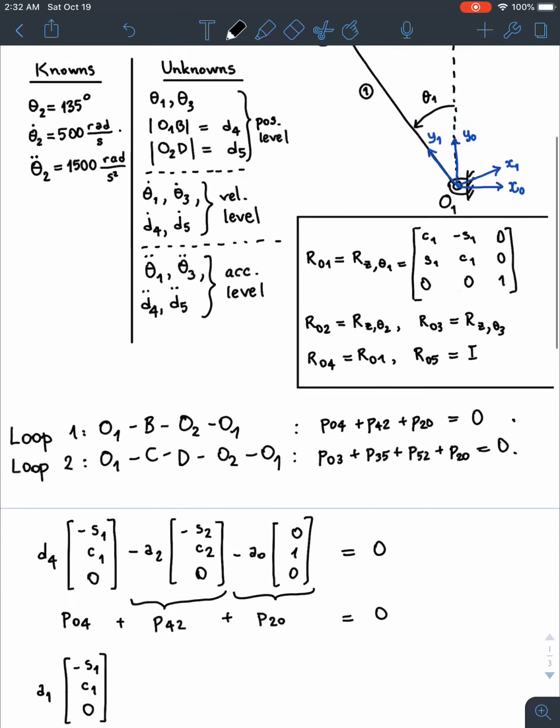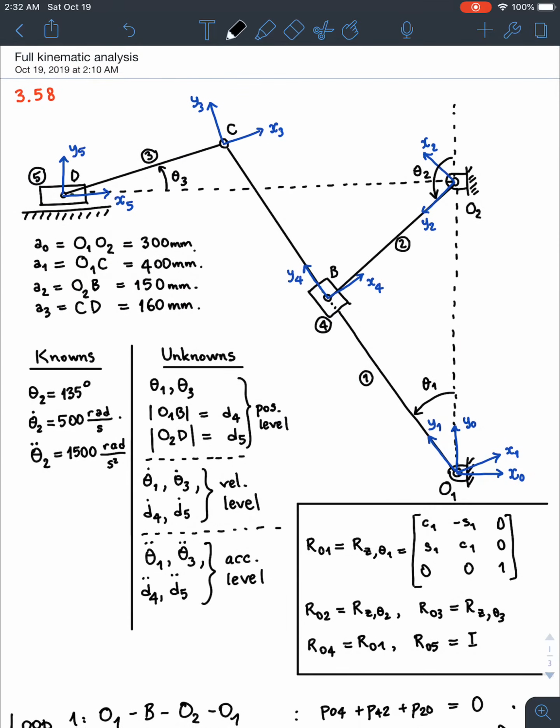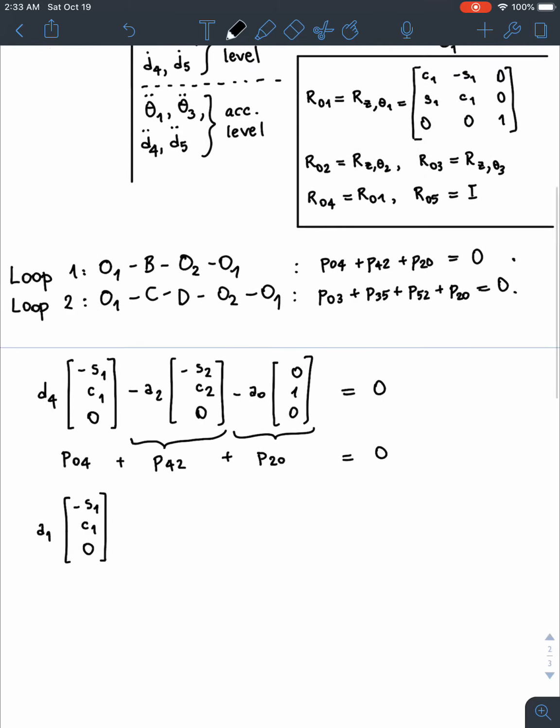Then 3 to 5, which is the vector from C to D, that's in the negative x3 direction, and the amount we have to go is A3. So it is negative A3, and we read off the components of the x3 direction from the first column of the matrix R03. That looks like cosine 3, sine 3, 0.